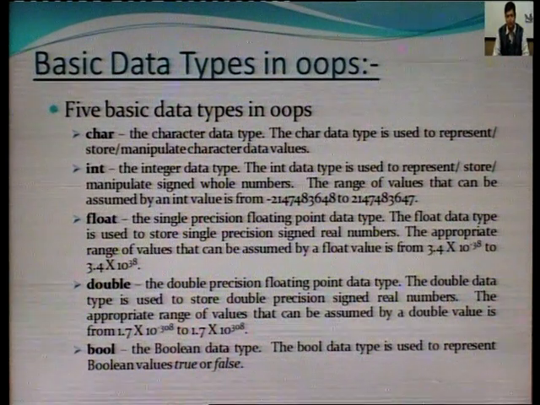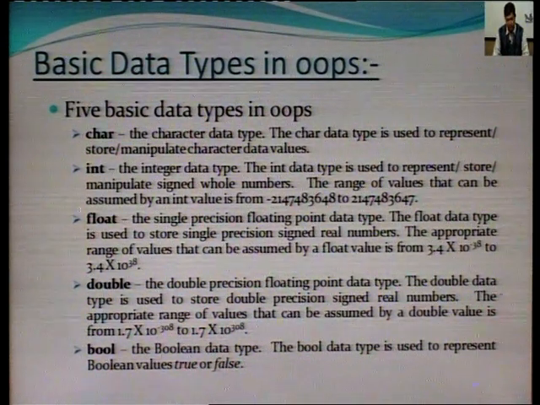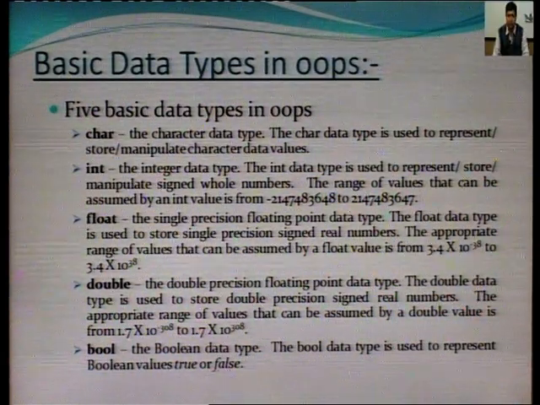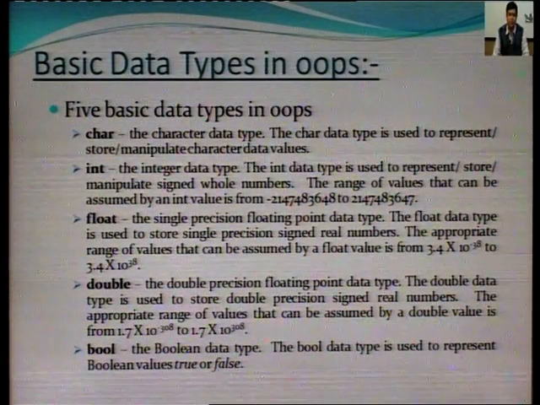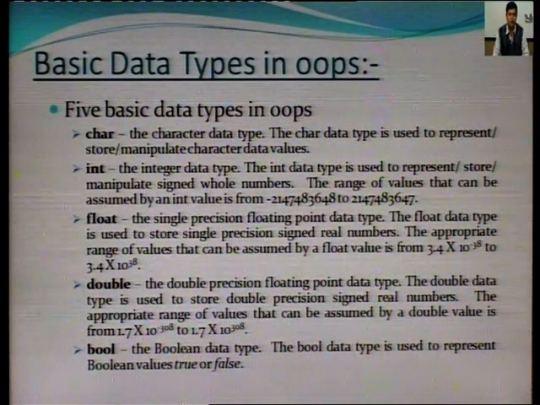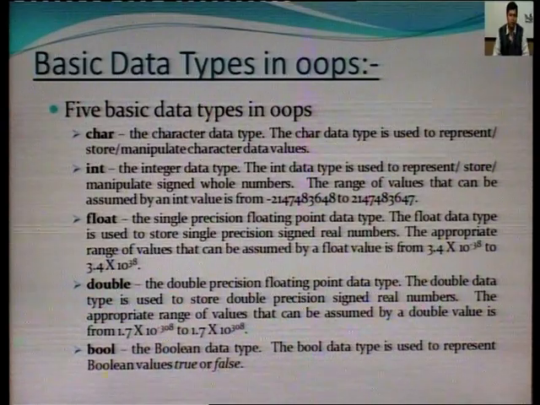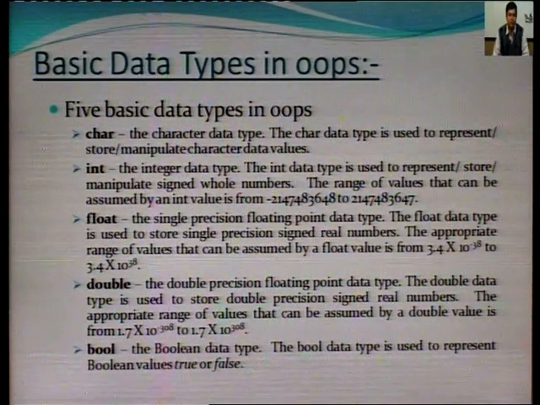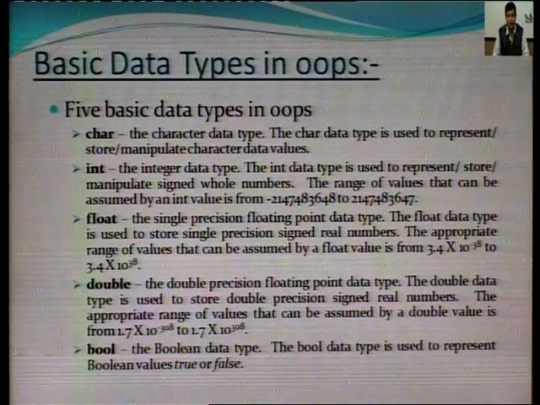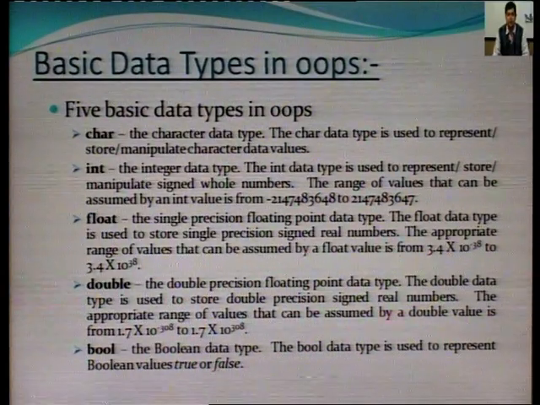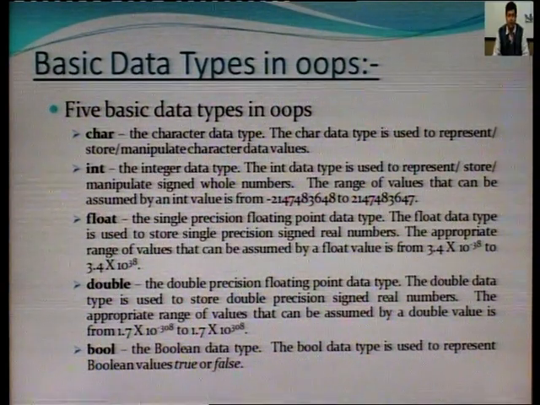If you declare a variable of integer type, the values it can have range from -2147483648 to 2147483647. So this is the range which is specified. If you declare a variable of float type, then the range is also given, 3.4 times 10 to the power minus 38 to 3.4 times 10 to the power 38.